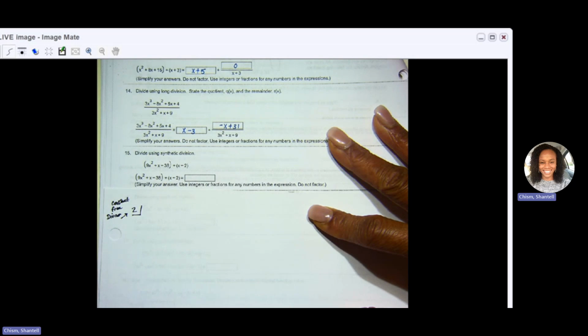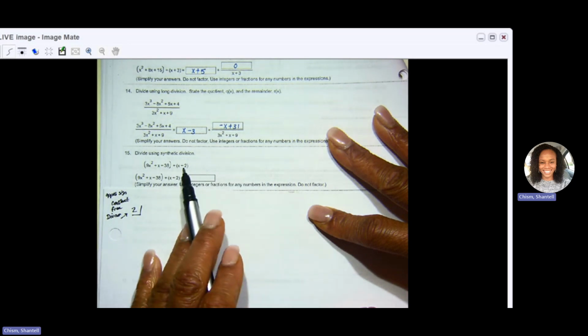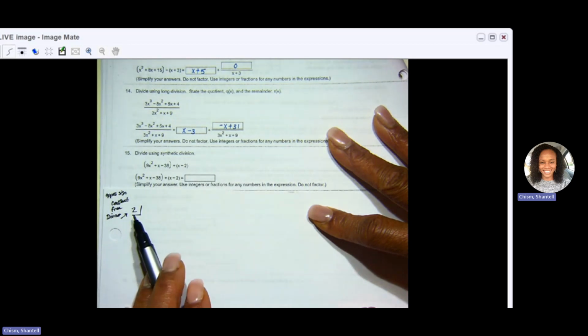The opposite sign, I should have said. Notice that was a minus 2, but we take a plus 2. If it had been a plus 2 here, I would have said a negative 2. All right, so that's the opposite sign of the constant from the divisor.